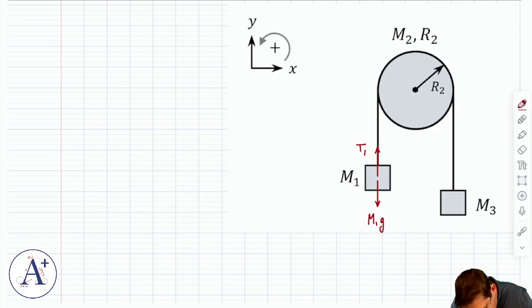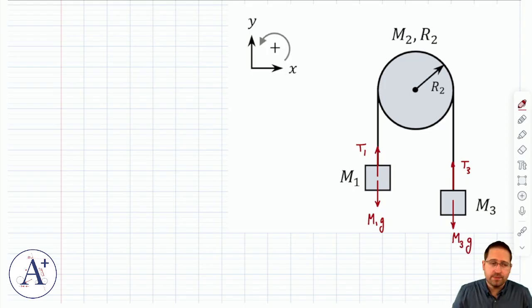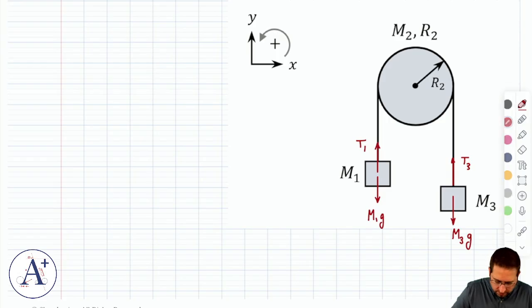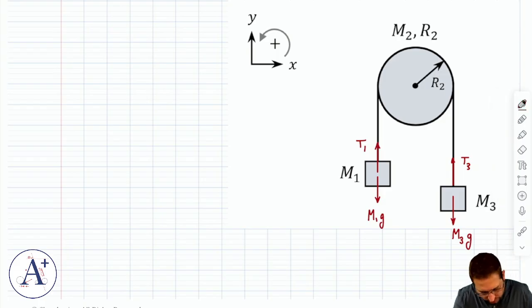Then M3, strings can only pull. This is going to be T3. And this is going to be M3G. Okay. And by the way, M1 is greater than M3. So this whole thing moves where M1 falls, M3 rises, and M2 rotates counterclockwise.